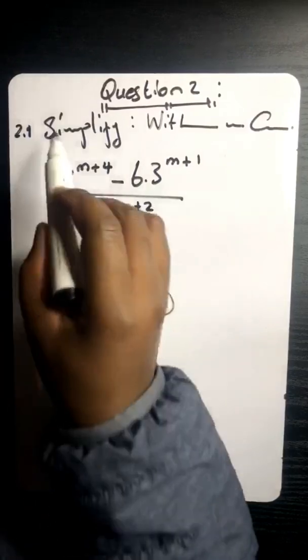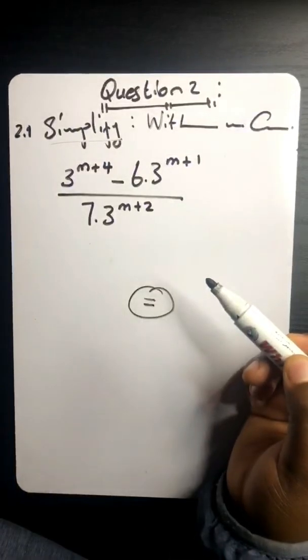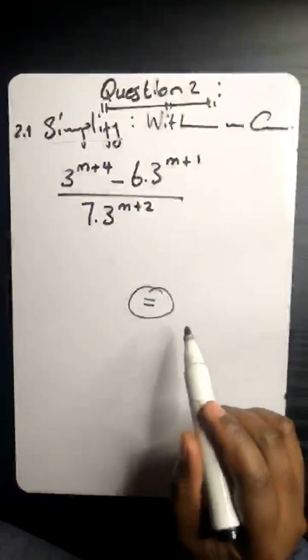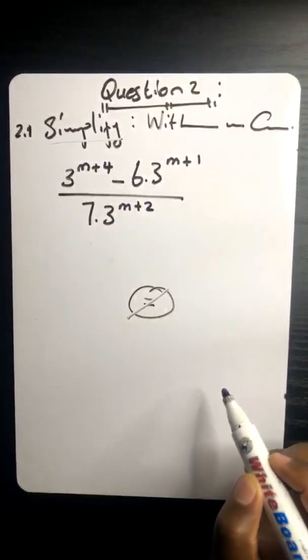Normally, when you have an expression, you simplify. They can't ask you to simplify if they want you to solve something. So the moment there's no equal sign in your math problem, it means you simplify.